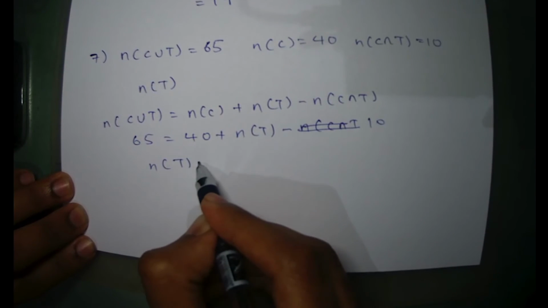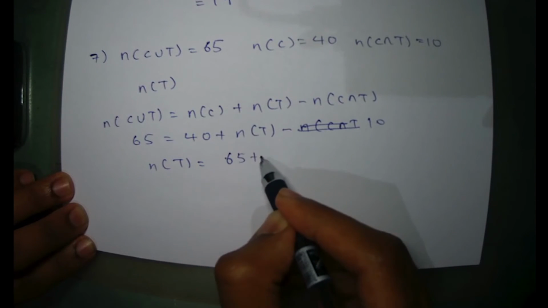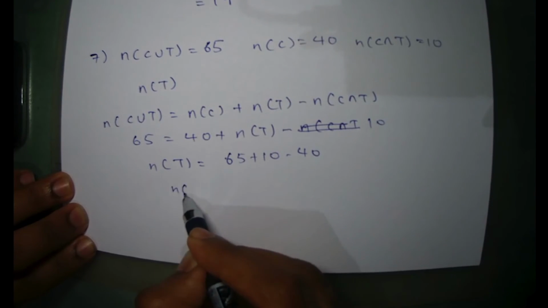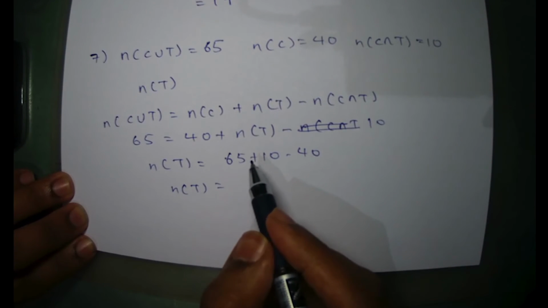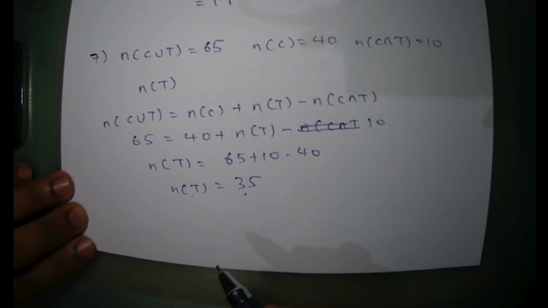So n of T is 65 plus 10 minus 40. So n of T is 35.